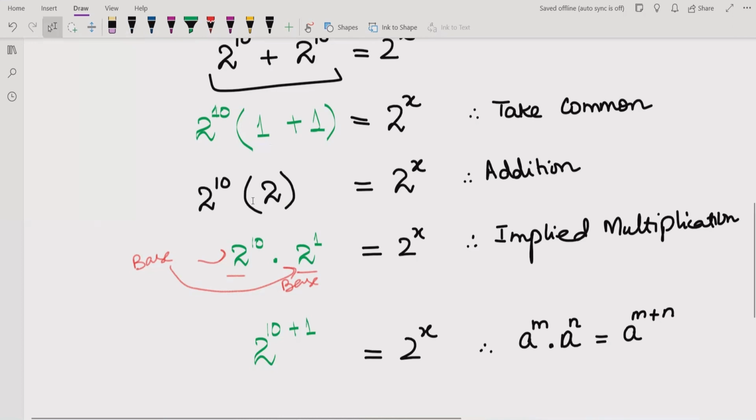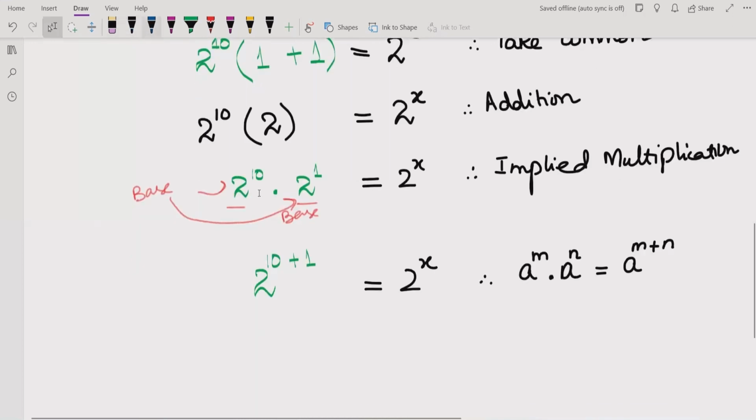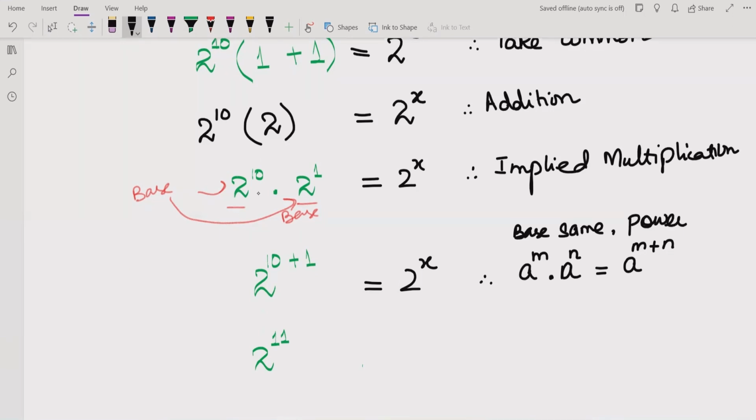Now we can add both of them, so we can write 2 raised to power 11. Here the base is the same, the powers add. Now we keep 2 raised to power x, and here we gave addition in the power.